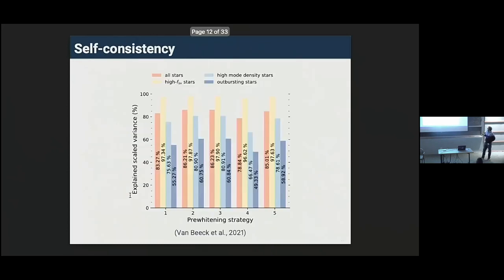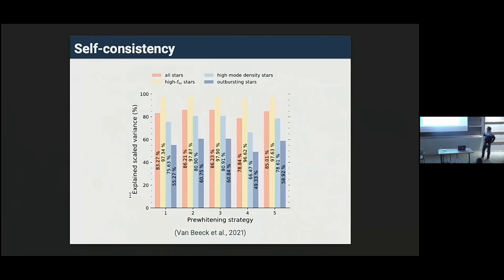If we subject our five pre-whitening strategies for all 38 stars to this, if we compute that fraction of scaled variance for all 38 stars, we end up with the following graph. So we make a distinction between high FSV stars, which are stars for which our sum of sines model seems to be very good at modeling the light curve.